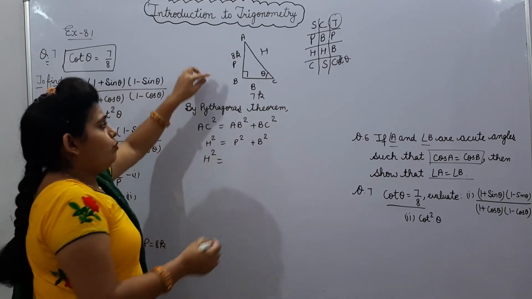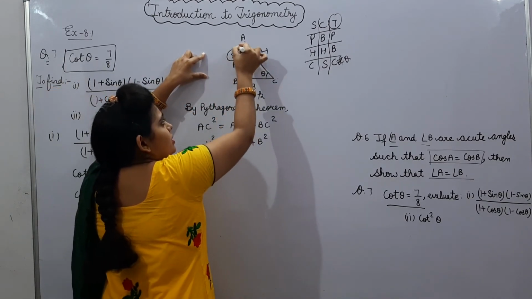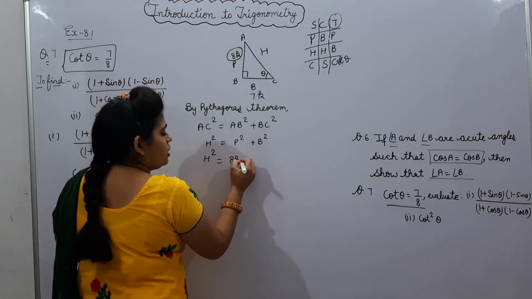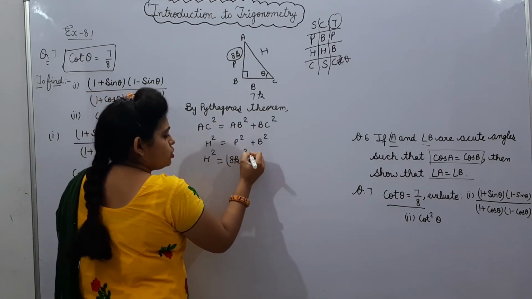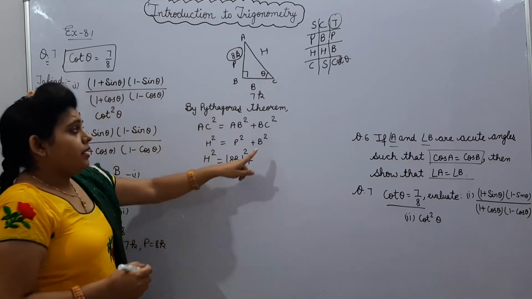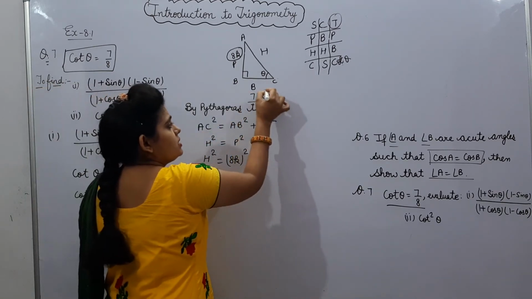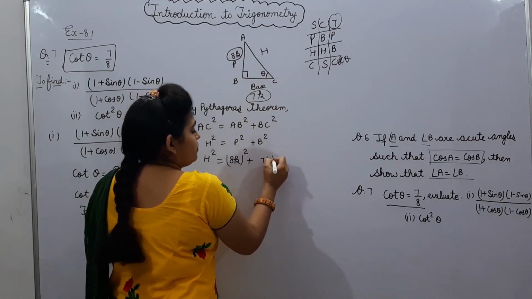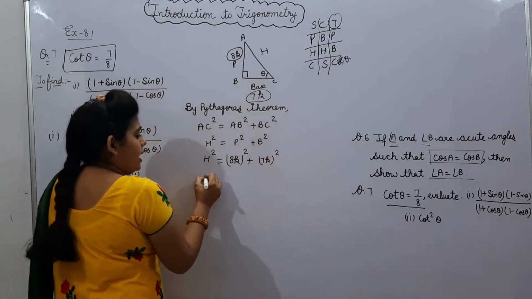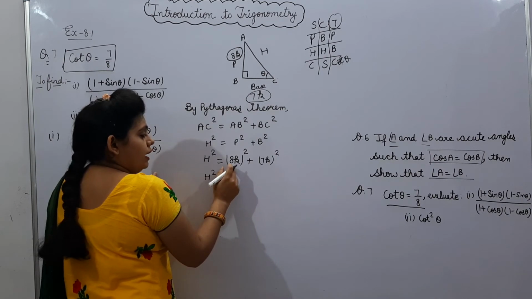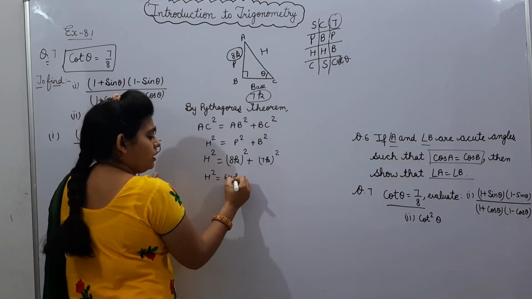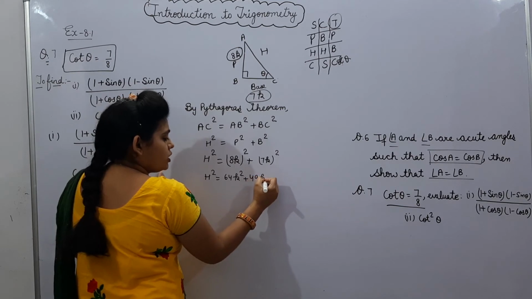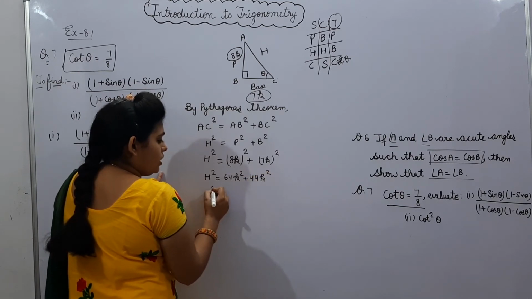P is 8k here, so h² = (8k)² + (7k)², where b is the base 7k. h² = 64k² + 49k².